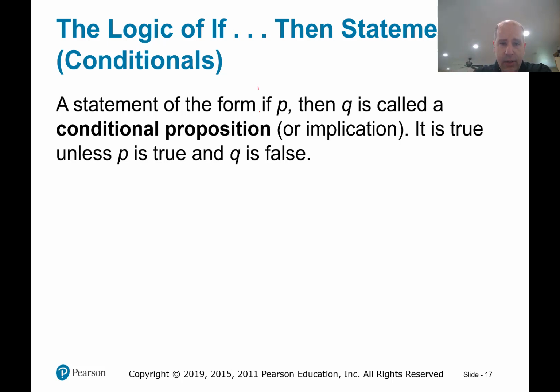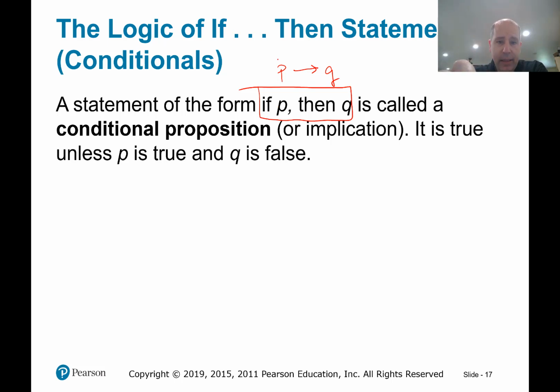So here's the form. Typically the way we write this, we would write P with an arrow Q, or this arrow implies, right? So P implies Q is another way of writing it. So symbolically, we would use the arrow, okay?